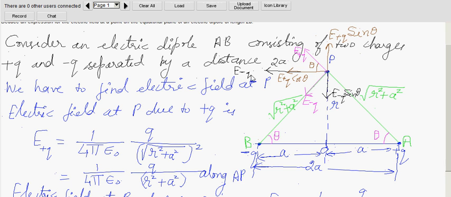The vertical components cancel each other because the magnitudes are equal and opposite. So to find the net field, we have only the horizontal components.